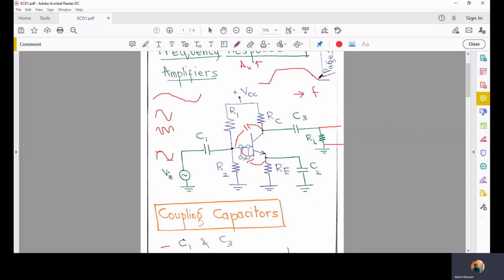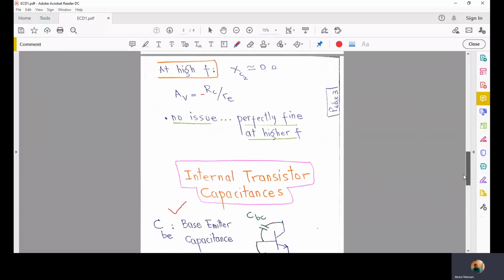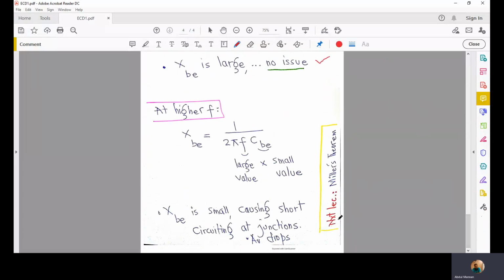For higher values of frequencies, the gain is again small. But for middle values of frequencies, the gain is large. So they work in a band. We'll explore this phenomenon further in our upcoming lectures, but in the very next lecture, we will study Miller's theorem on the junction capacitances.